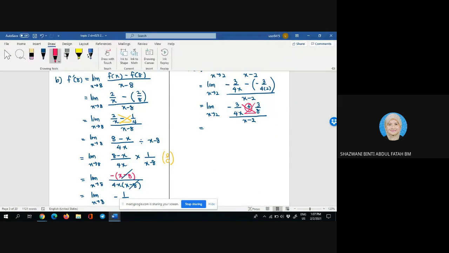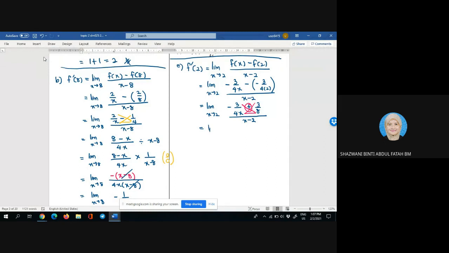When you do cross multiplication, limit x approaches to 2, so 8 times 3, negative 24. You will get 12x over 32x, and then divided by x minus 2.